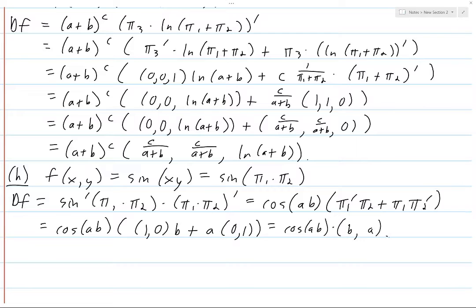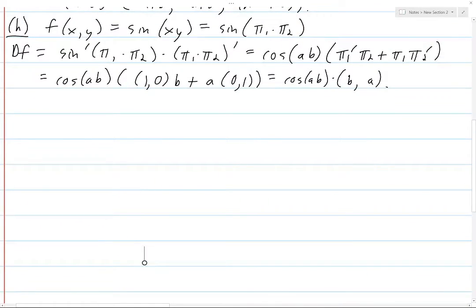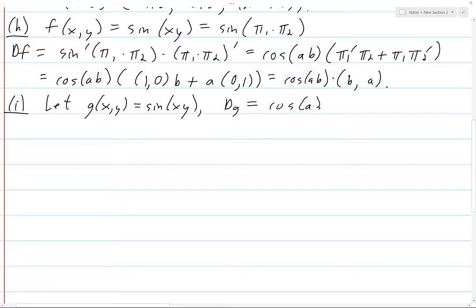Okay, so now we're going to move on to part I. First, we're going to let g of x, y be sine of x y, and so we know that dg is going to be cosine of a b times b, a, because that's exactly what we did above.